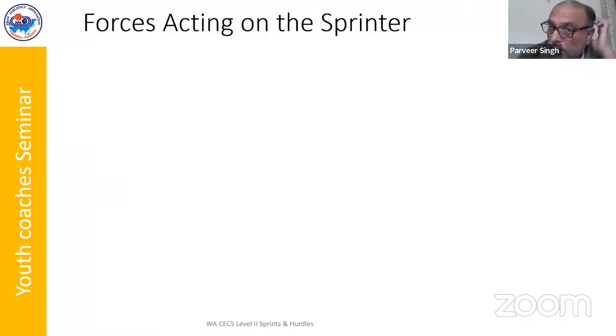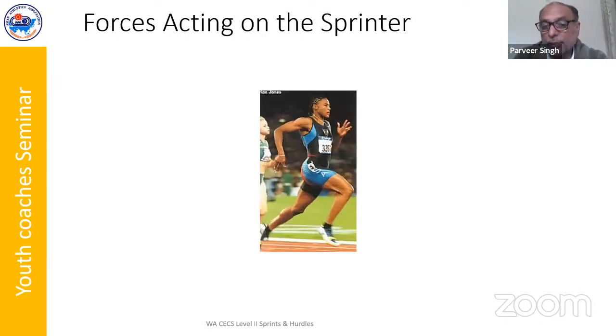So when a sprinter is running, how many forces are acting on a sprinter? Can anybody explain from this figure the type of forces acting on a sprinter in this movement? Friction. Okay, friction, right? Gravity. Yes, gravity.